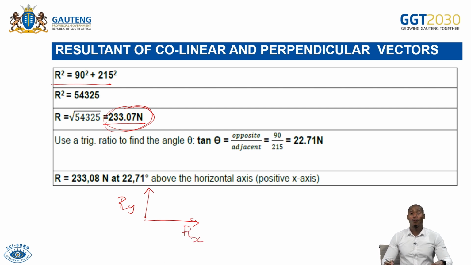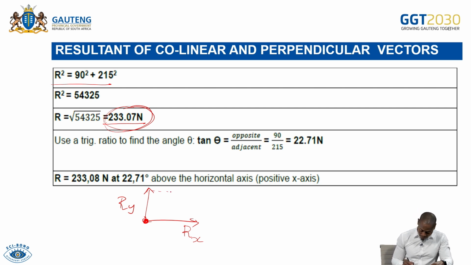Okay? So one of the methods that you can use, just draw a rough sketch of the resultant and these other two forces using the tail to tail method. So you can see that these two forces are drawn tail to tail. Okay, this is the tail, remember, and then this is the head where you have the arrow. Then what you need to do, you complete the diagram.